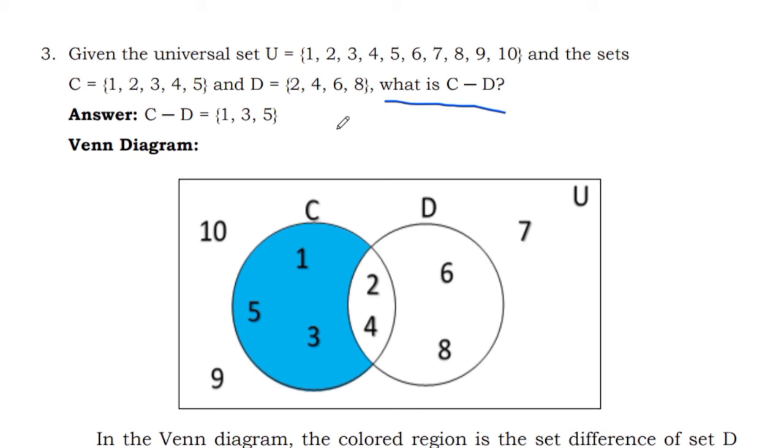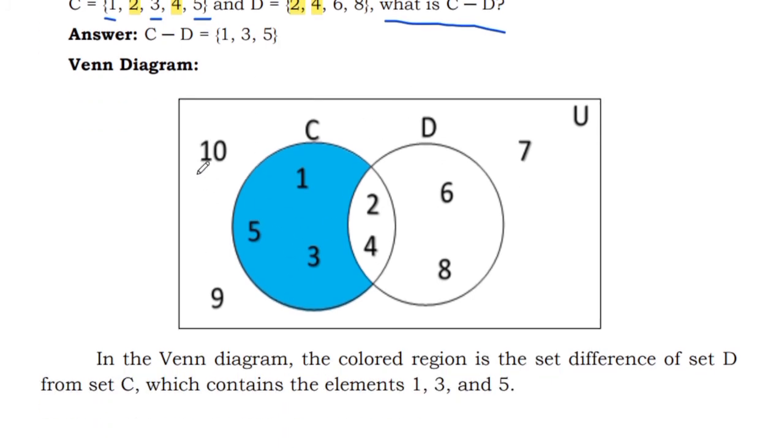So we have C minus D. I have to highlight the common elements. Since in C minus D the minuend is C and the subtrahend is D, we only cater the answer 1, 3, 5. That's it. This is now the shaded part. That's the correct one.